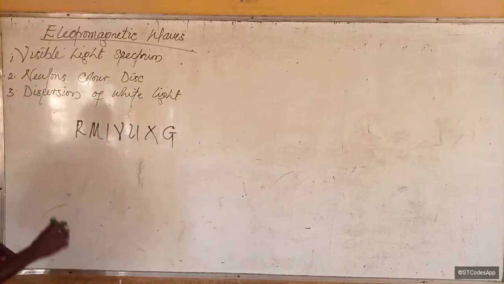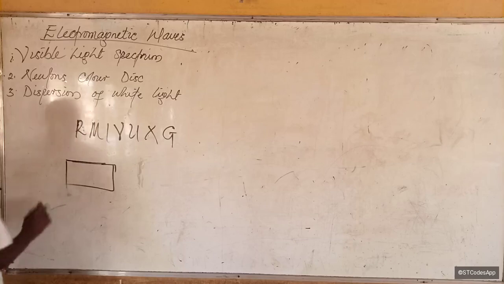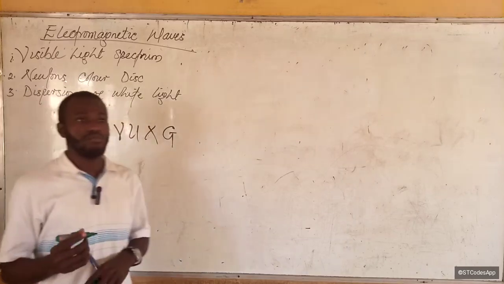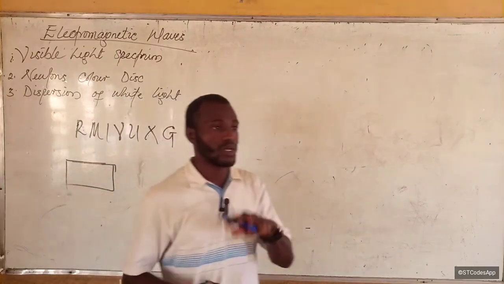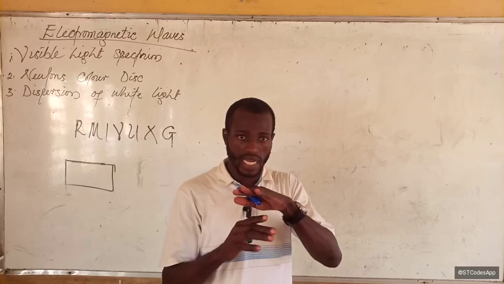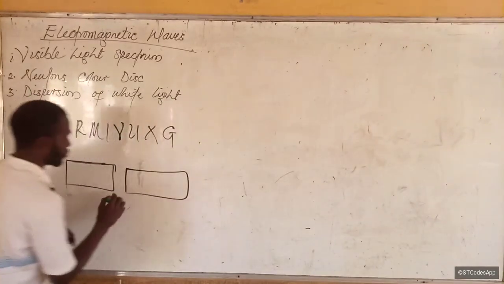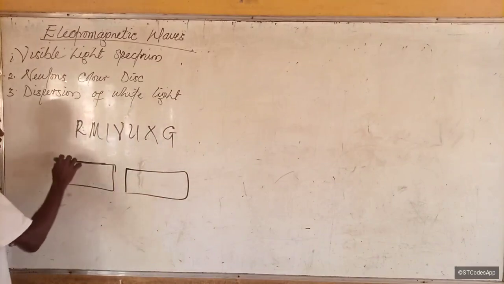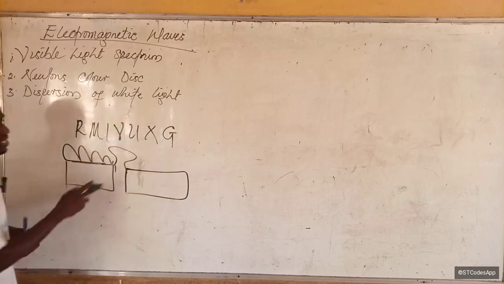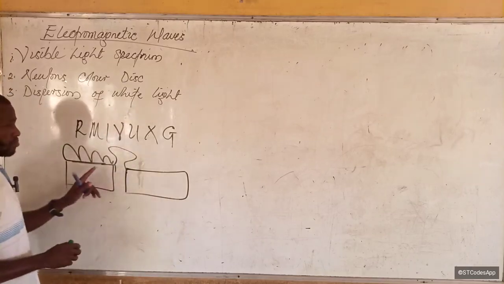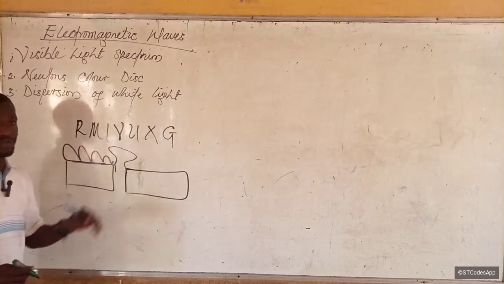We said that all of this represents the electromagnetic waves, basically made by oscillating electric and magnetic fields. But we do know that even in the spectrum of the electromagnetic waves, there is a small band that represents the white light, the visible spectrum.